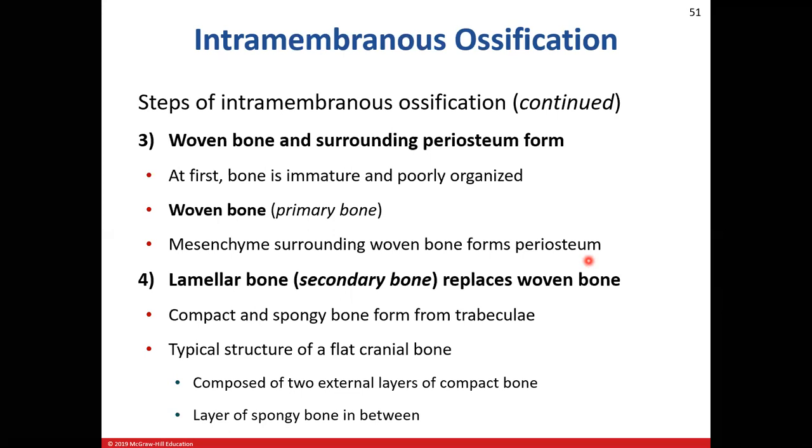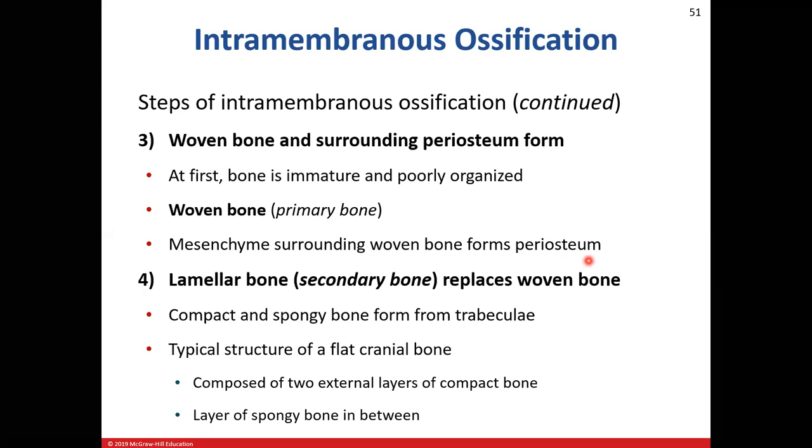But as we start to see the woven bone pattern develop, that mesenchyme that surrounds the woven bone forms our periosteum. And if you remember, our periosteum is really that outer surface of the bone tissue. We then get what we call a secondary type of bone, and that's called lamellar bone. And lamellar bone really replaces our woven bone.